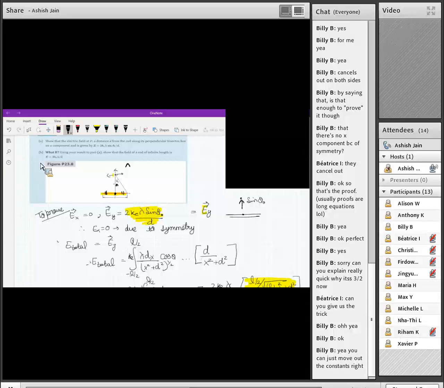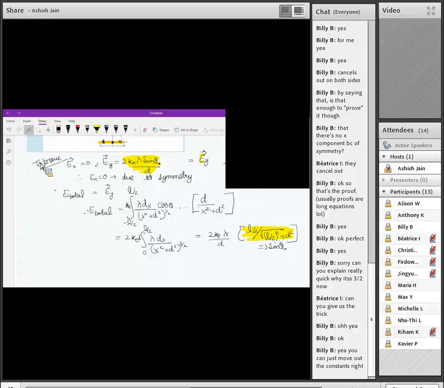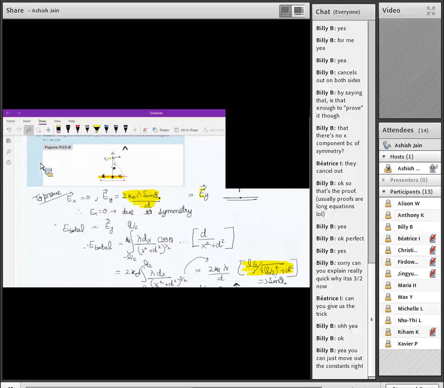So that's why I already knew this would be the answer before doing it. So you can directly jump from this point to this, stating that we assume x as d tan theta and dx as d sec square theta d theta, and doing the integral we get this. Because I knew there would be sine theta naught in the answer.